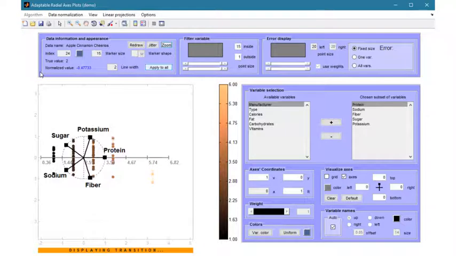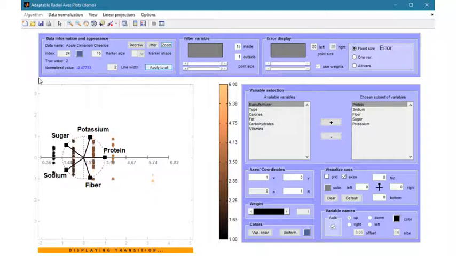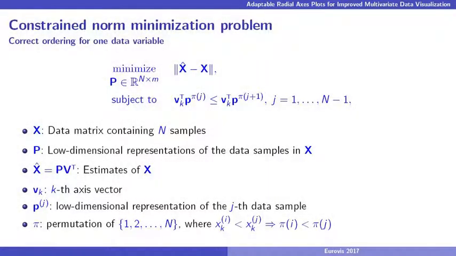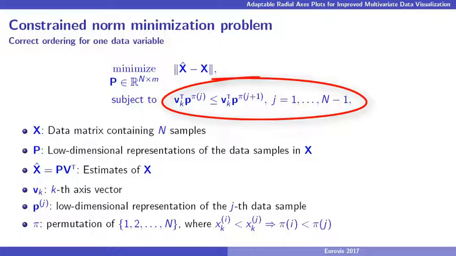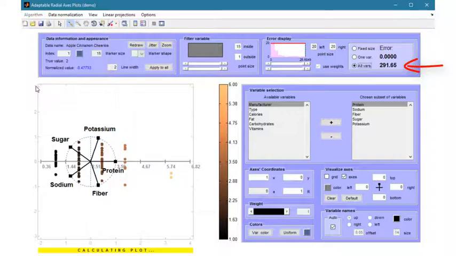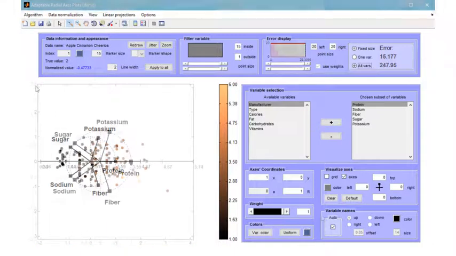Observe that the approach can be used with any vector norm. A milder constraint consists of forcing the estimates to be ordered correctly on one of the axes. This allows to increase the overall estimation accuracy with respect to the plots based on exact estimates.